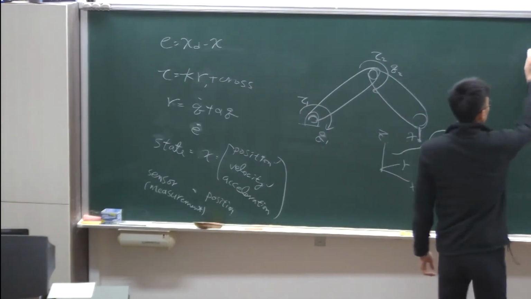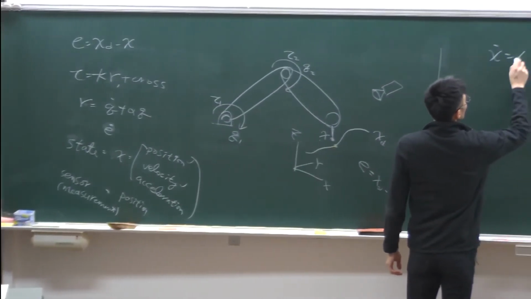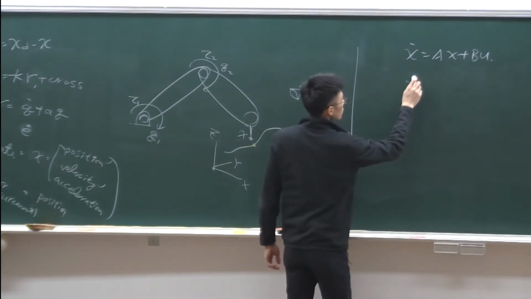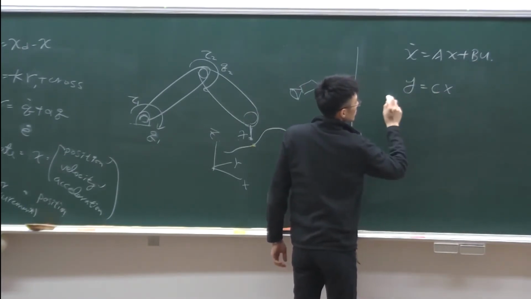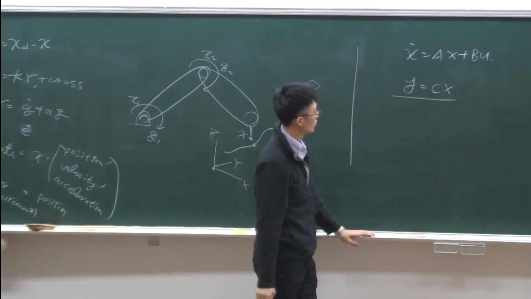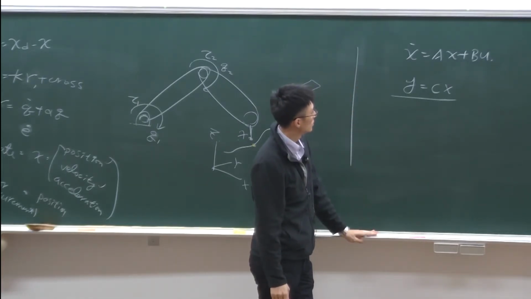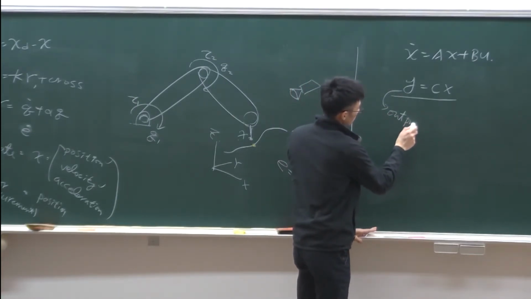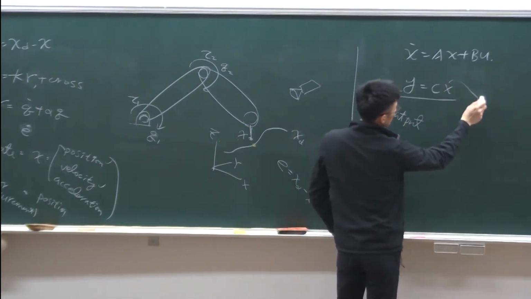And in your linear system, usually we have this equation which says that y is the output, and this is the state.